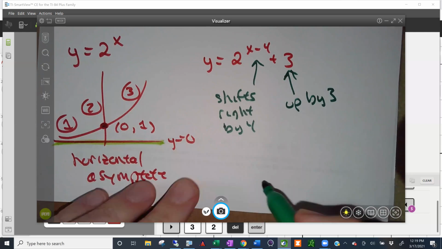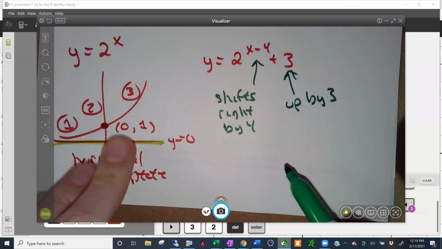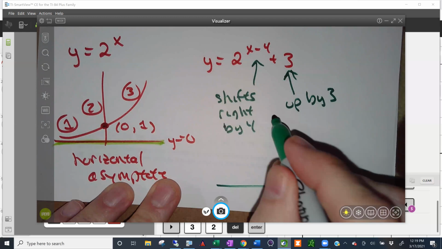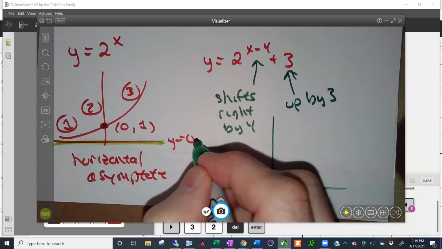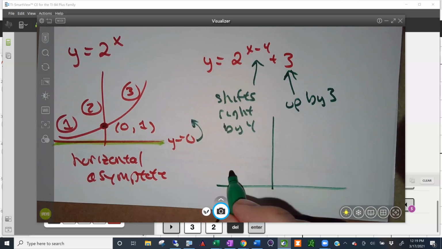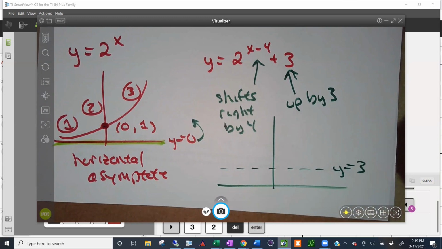Now there's another feature of this graph that's going to be a little easier to see than it is with this one. And that is, it's got a new horizontal asymptote. If I shift this line up by 3, then I'll have the equation y equals 3 as my new horizontal asymptote.